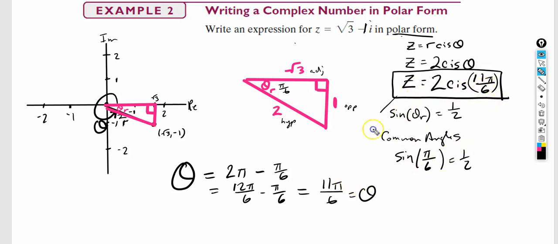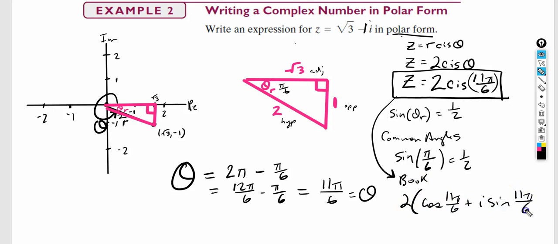And in the book, you'll see that they write the answer in longhand. So cosine of 11 pi over 6 plus I times sine of 11 pi over 6. But cis, C-I-S, is the shorthand for that. Okay, so that completes everything here, and that ends the video.